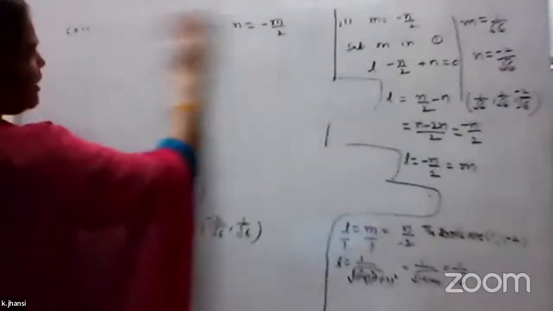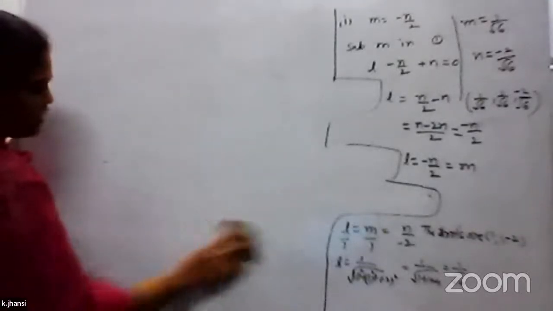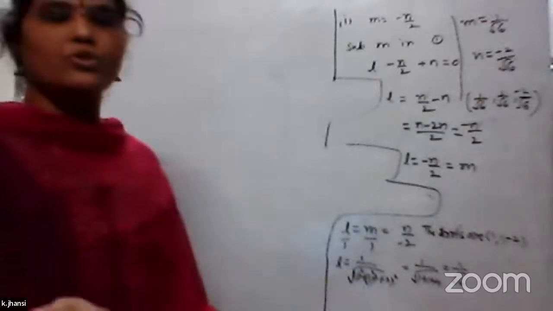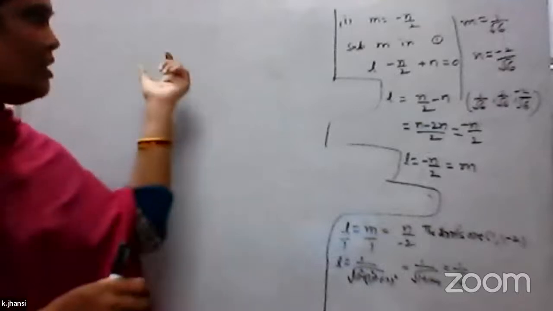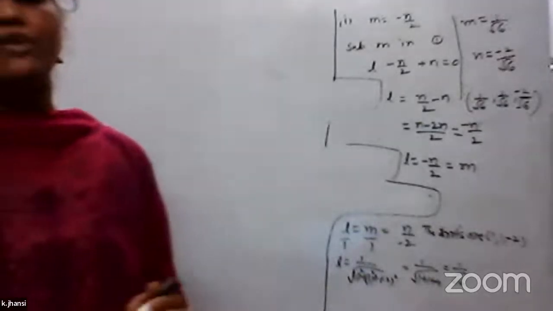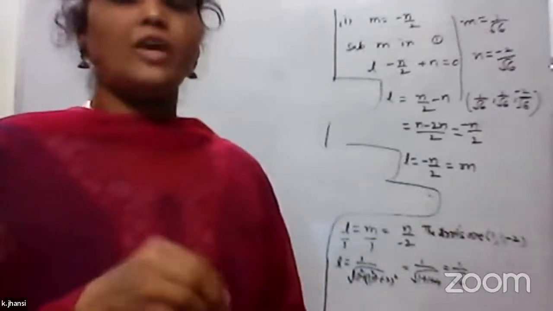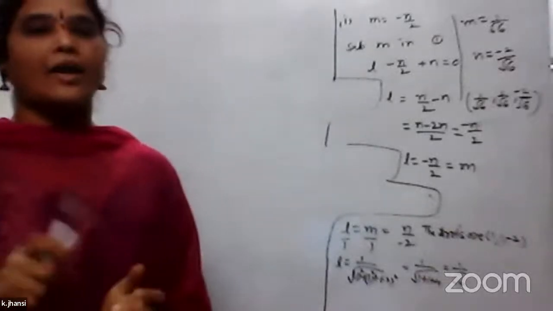And from the definition of direction cosines, at the starting I have told, no, direction cosines. In that we have seen that from the positive direction of the x, y, z axes, whatever the x, y, z axis lines were there, no, 3 lines, they were making the angles alpha, beta, gamma, and they made the cosine angle. That's why we call them cos alpha, cos beta, and cos gamma.